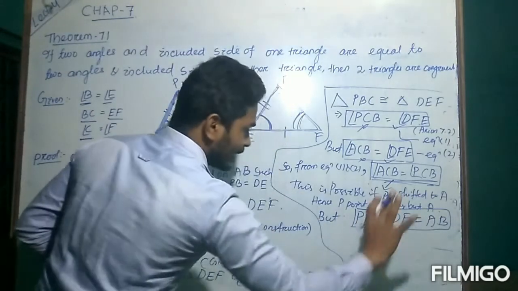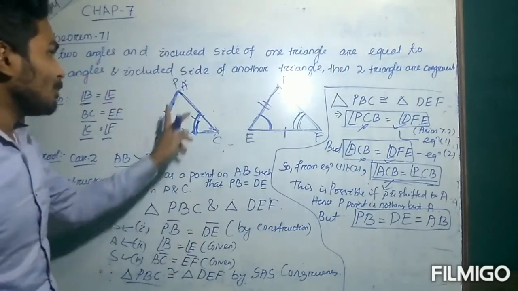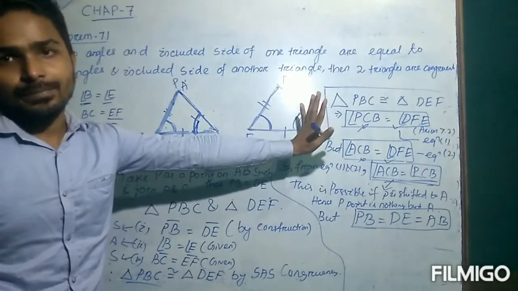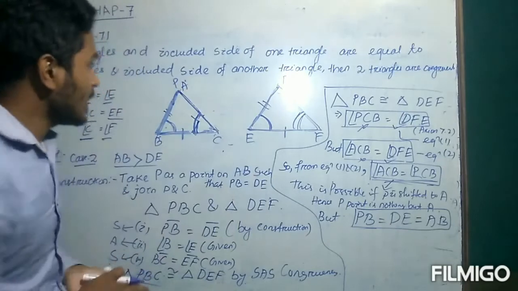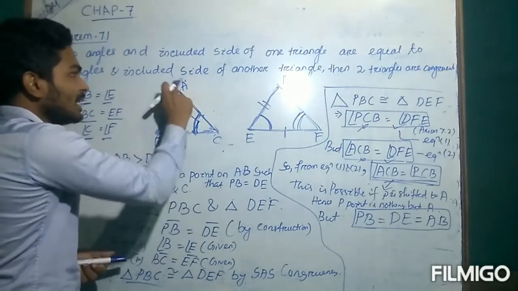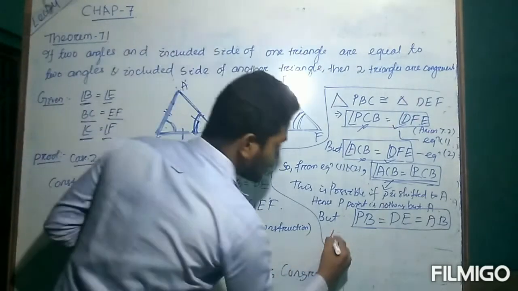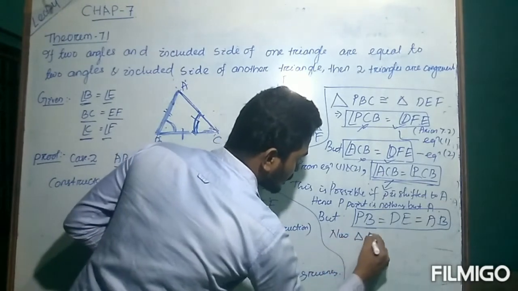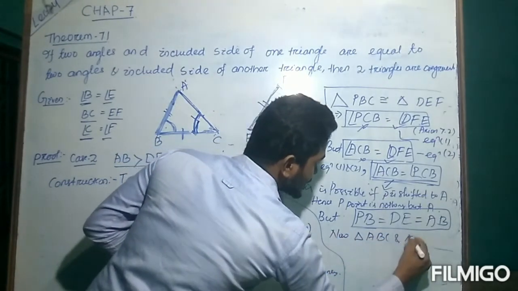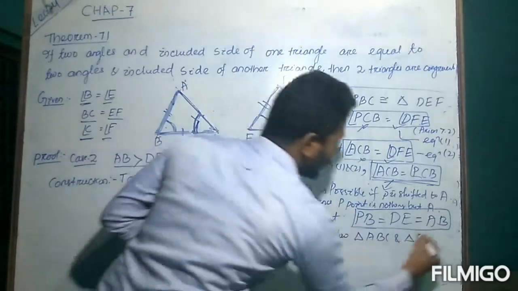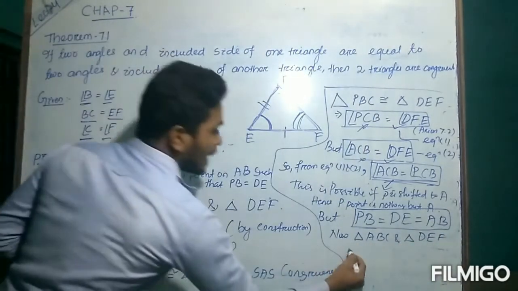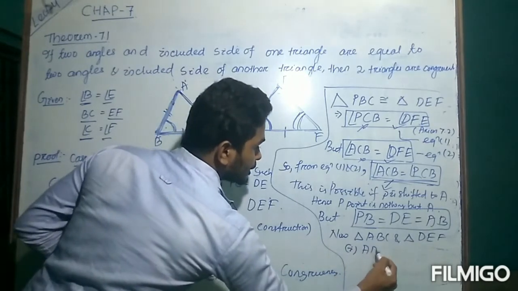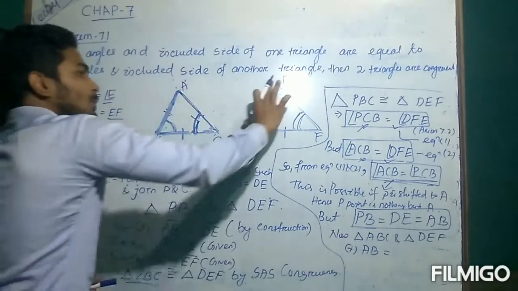Now it is clear. Now we have to compare this triangle with this triangle. Our final conclusion is that we compare triangle ABC and triangle DEF. First, AB is equal to DE.